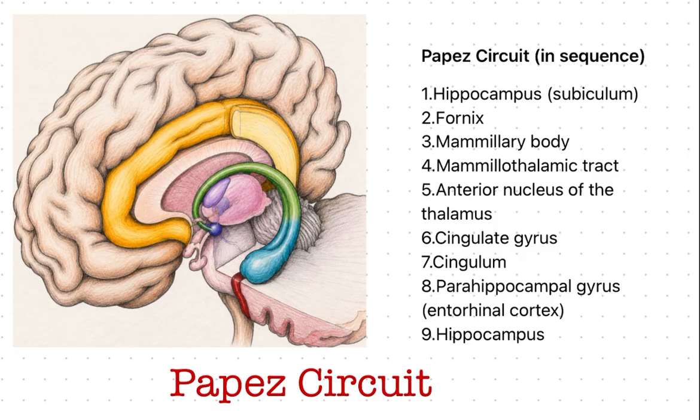And where does the postcommissural fornix project? It projects to the mammillary bodies. If asked what is the surgical risk of bilateral fornix injury, the answer would be severe anterograde amnesia. So that's our Papez circuit.